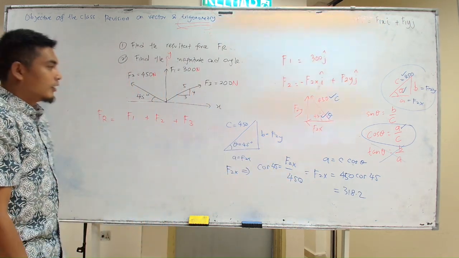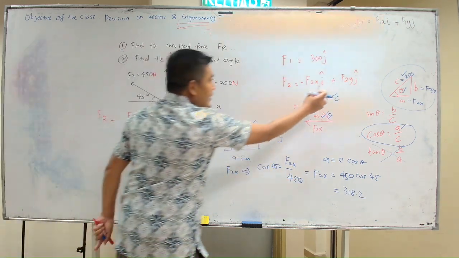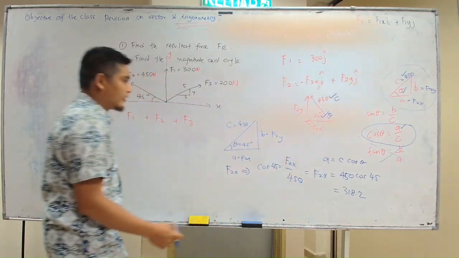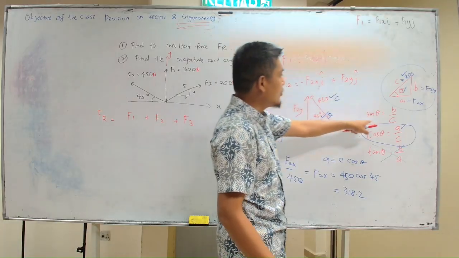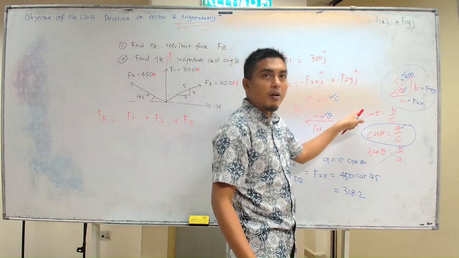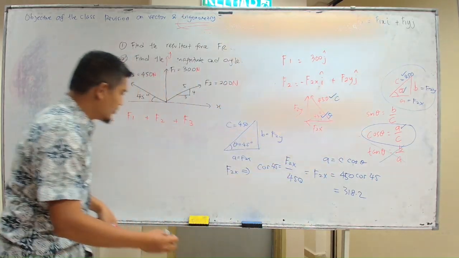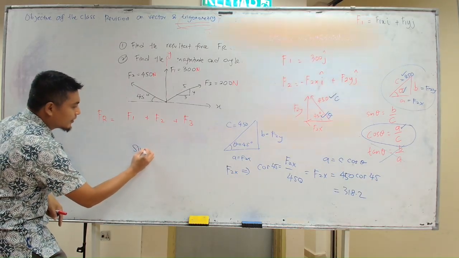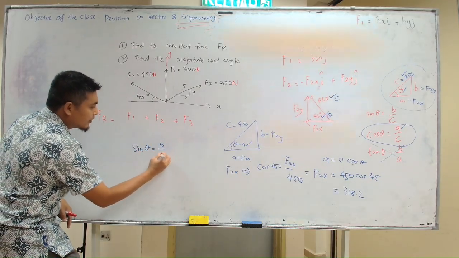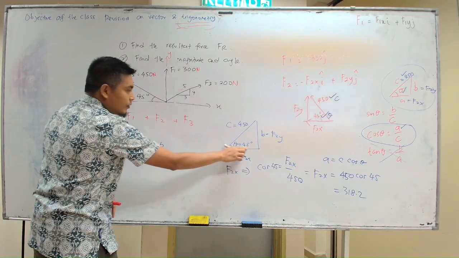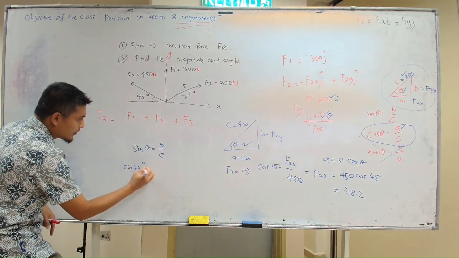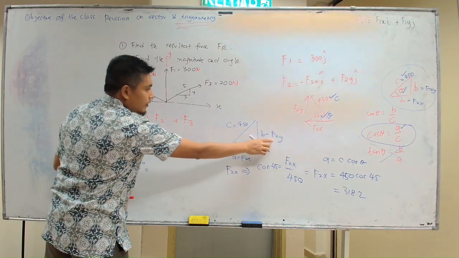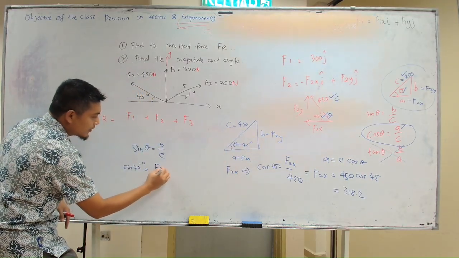Alright. So now we want to calculate F2y. In order to calculate F2y, we use sin theta equal to b over c. The theta equal to 45. Our b equal to F2y.